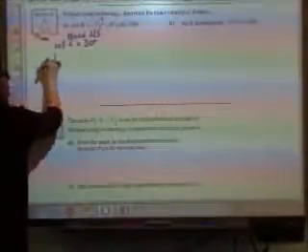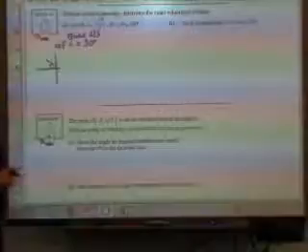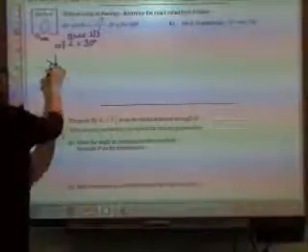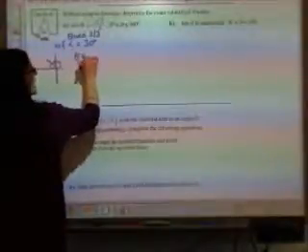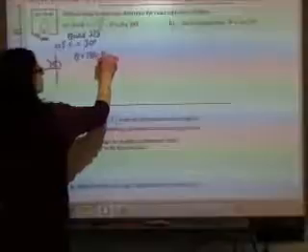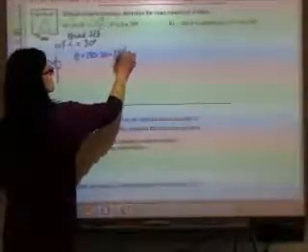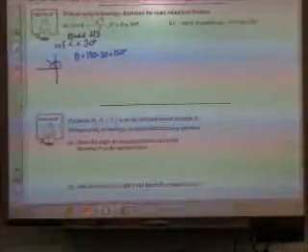So in quadrant 2, this is my reference angle of 30 degrees. What's my rotational angle going to be? 150. So I'm going to take the 180 and take the 30 off, and I get 150.